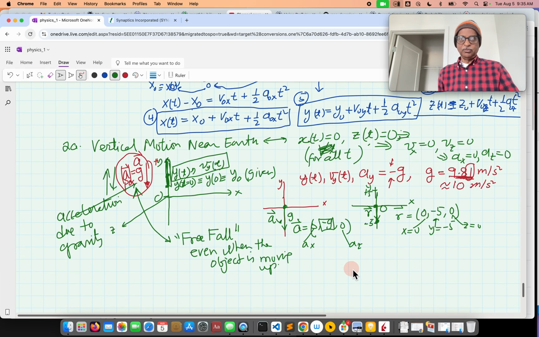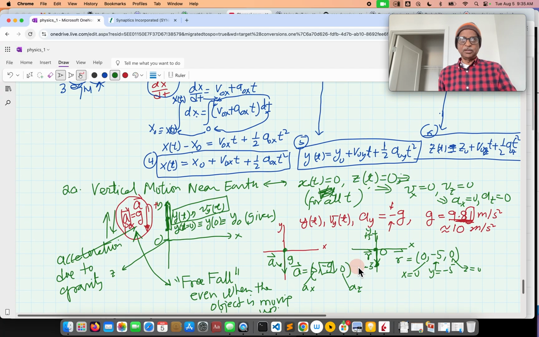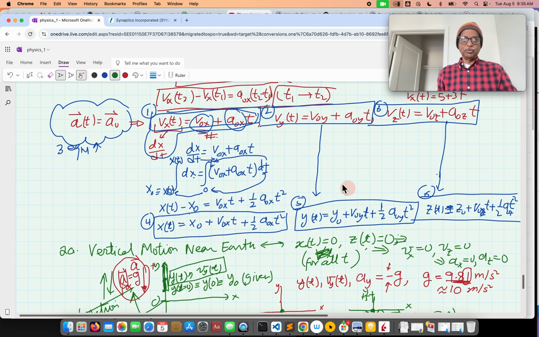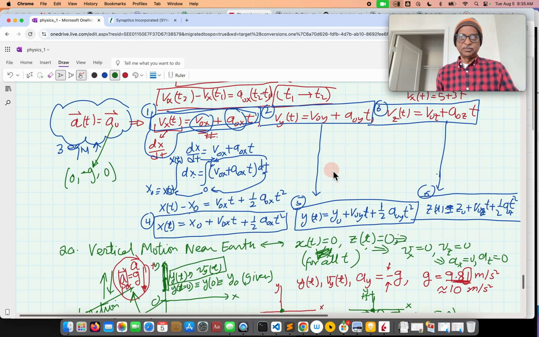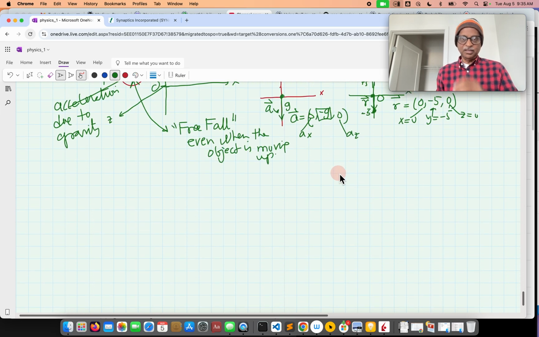Obviously we can use the same equations, except now for a0 we have 0, minus g, 0. It's not a new thing. We have already done constant acceleration. This would not be there, this wouldn't be there, and this will be minus half g.